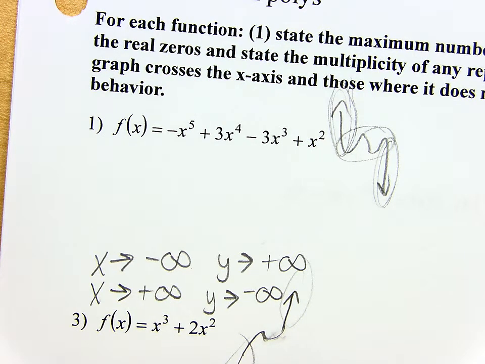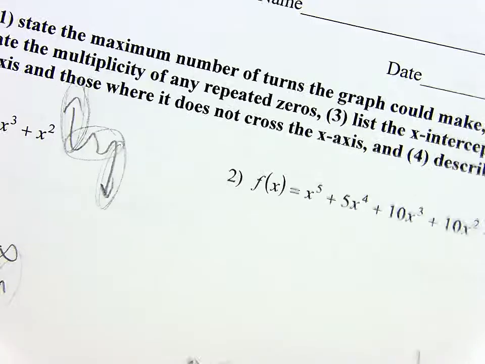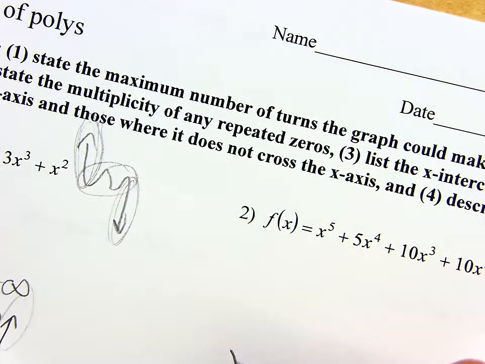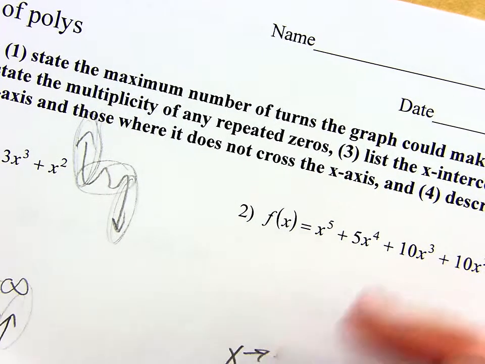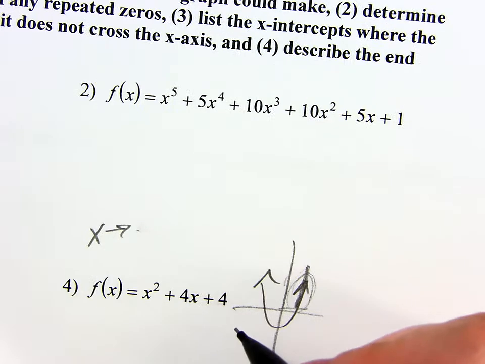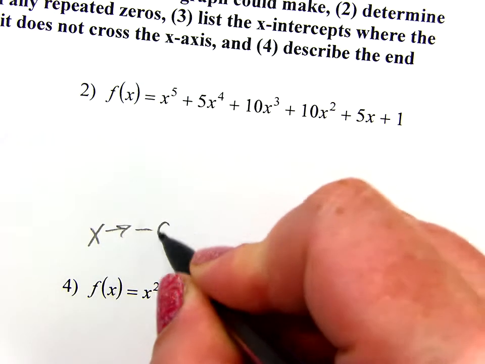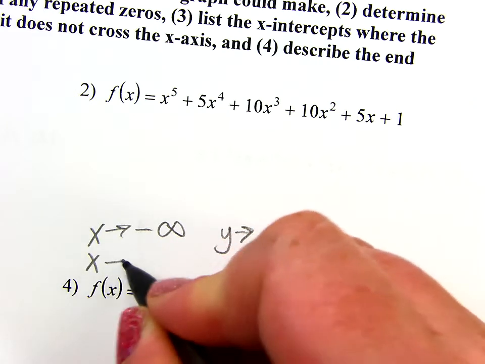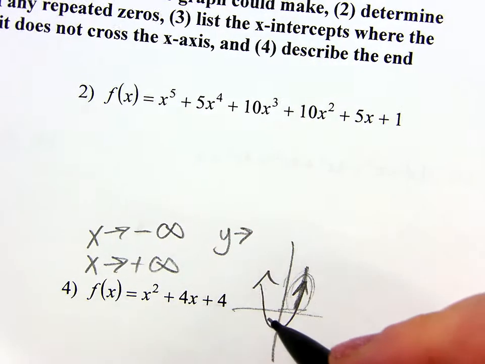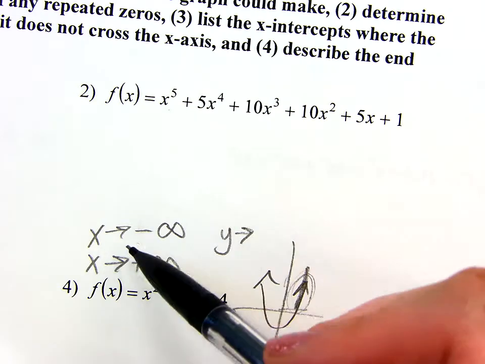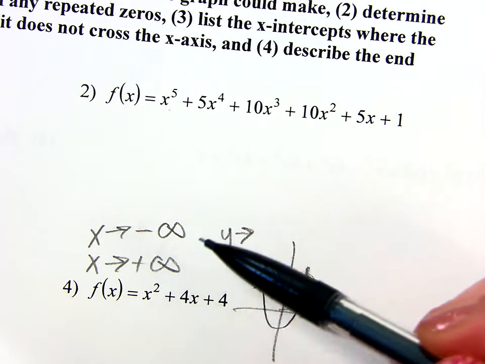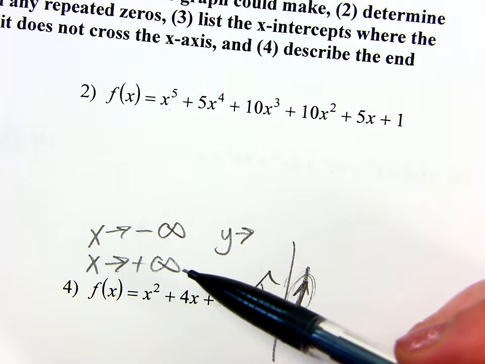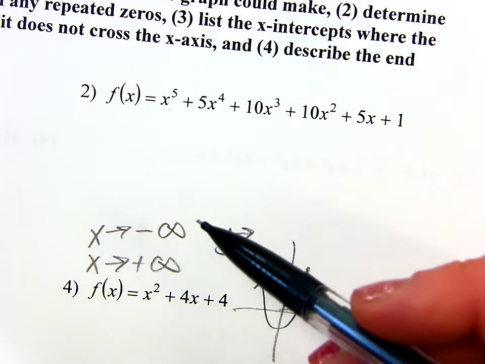Well, let's fill in some more of these. How about number 2? As x approaches positive, oh, we've been doing negative first, sorry. So, really, remember that's asking you, what's your left hand doing? Is it going down or is it going up? Your left hand.